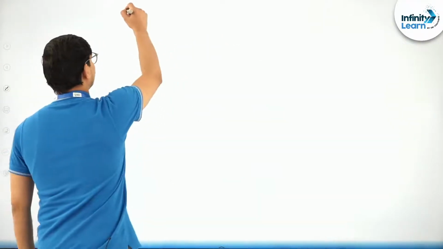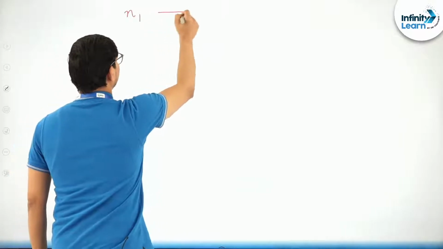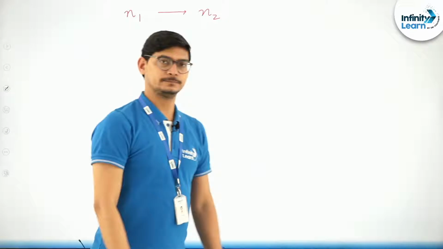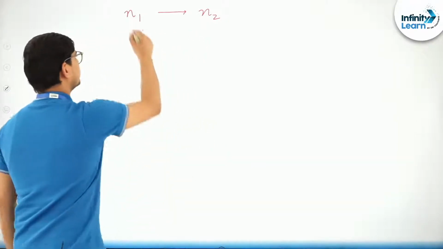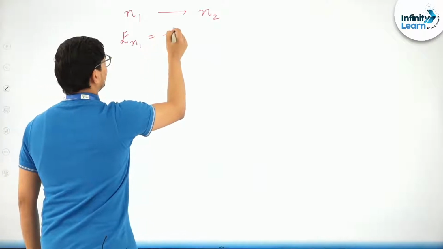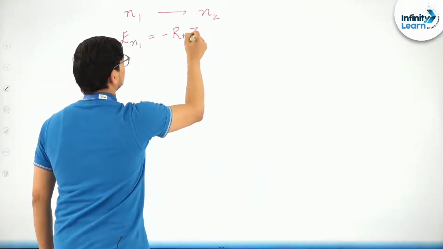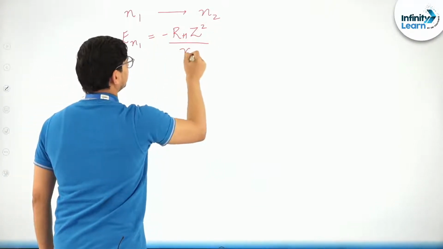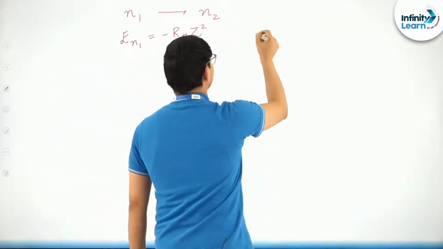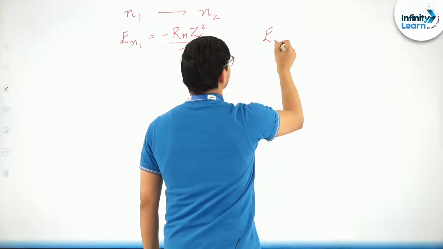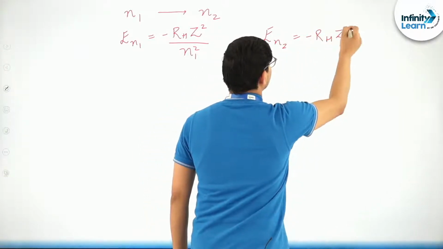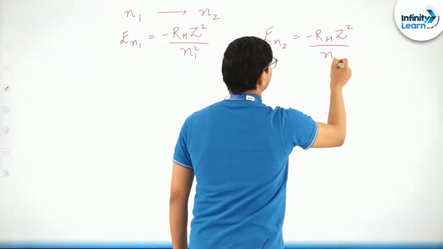Now, supposing the electron makes a transition from n1 orbit to n2 orbit. Initial orbit is n1 and the final orbit is n2. What is the energy of the electron in this state? It is minus RH z square by n1 square. Clear guys? What is the energy of the electron here? En2 will be minus RH z square by n2 square.